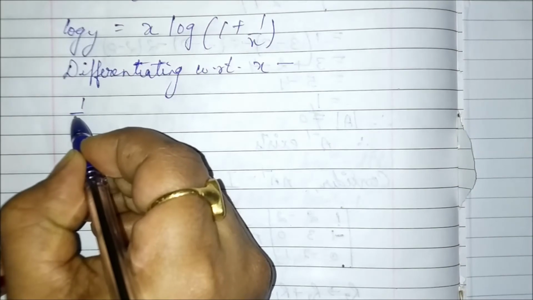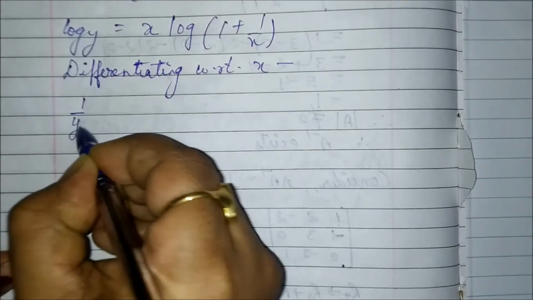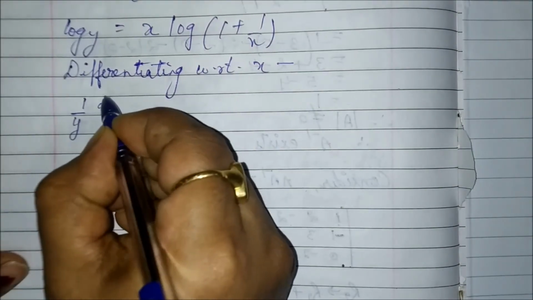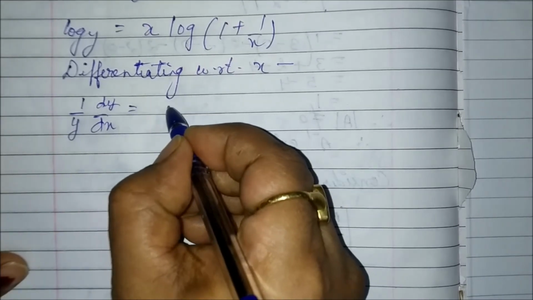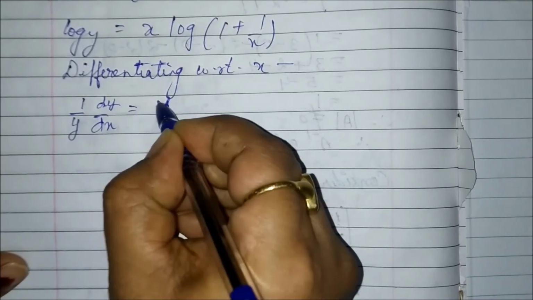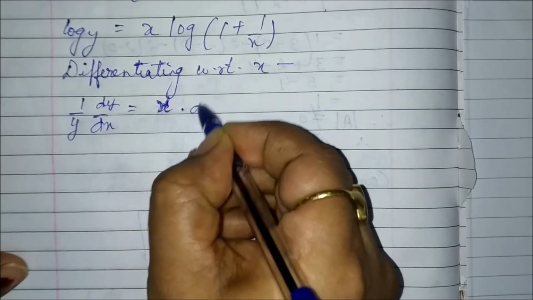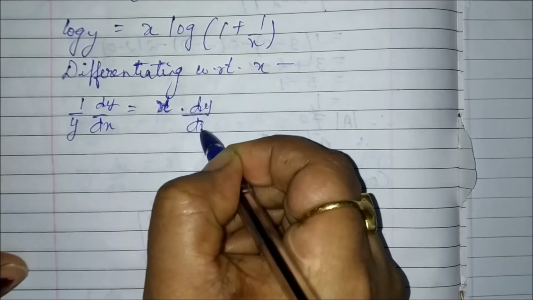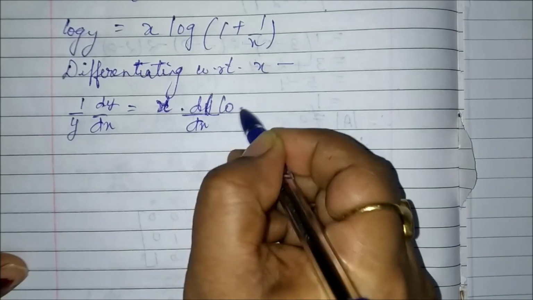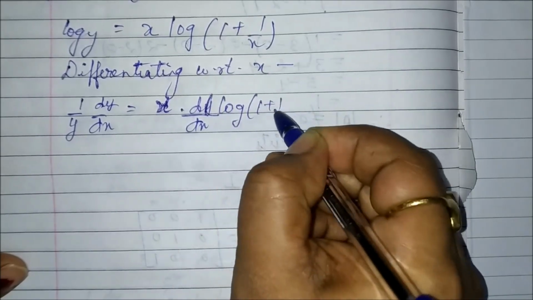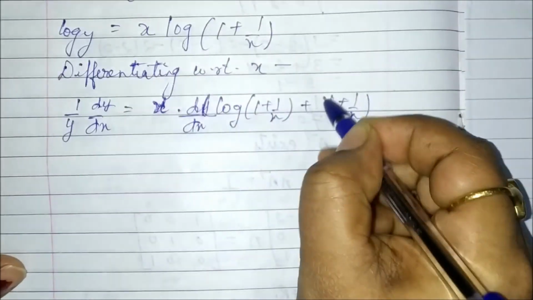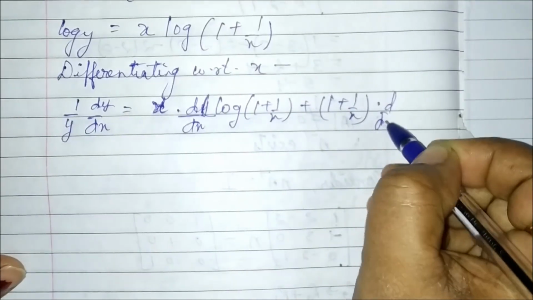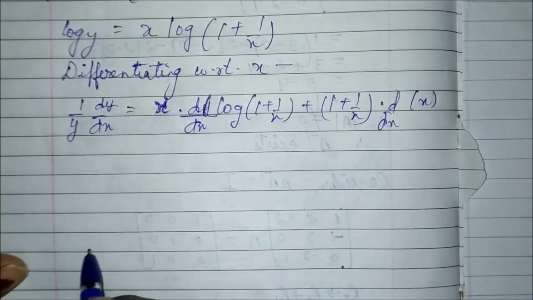The derivative of log y is 1 by y dy by dx, equals x into d by dx of log (1 plus 1 by x), plus log (1 plus 1 by x) into d by dx of x.